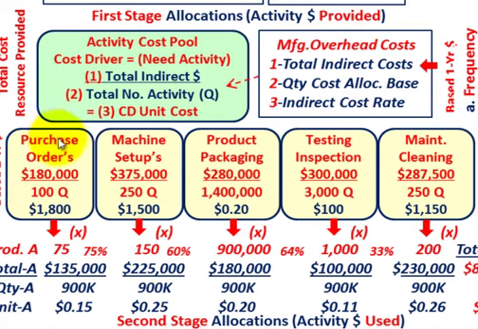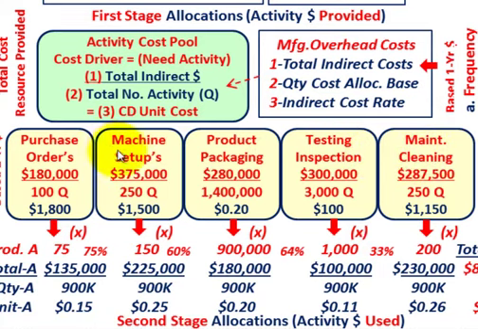I'm just looking at it in terms of batch level costing. So the different cost pools that we're looking at are our purchase orders that we allocate between our different products, and then also our machine setups, our product packaging, our testing and inspection, and also some maintenance or cleaning.